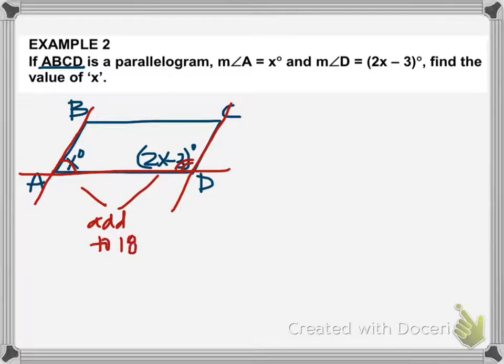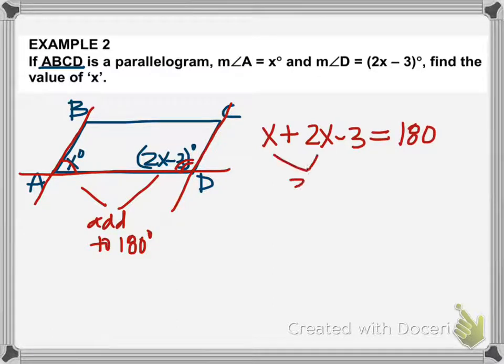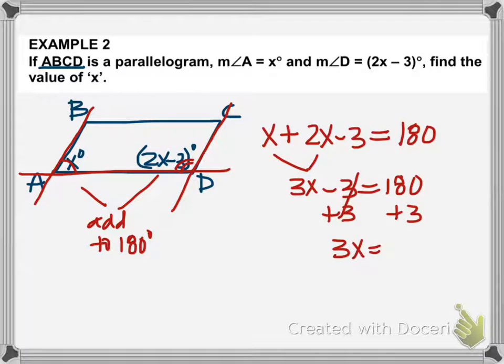Okay, so let's go ahead and set up our equation. x plus 2x minus 3, the other angle, equals 180. And now we just have to solve. So combine like terms. We've got 3x minus 3 equals 180. Move all your constants to the other side, so we'll add 3 to both sides. So 3x equals 177.